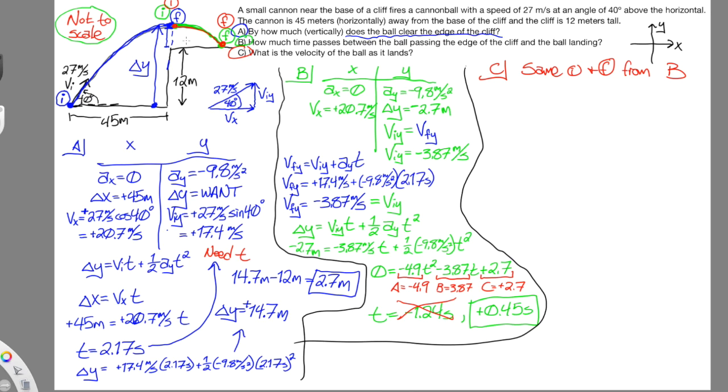So to find the velocity of the ball as it lands, if we want the magnitude and direction, that means we are going to need the x and y components.